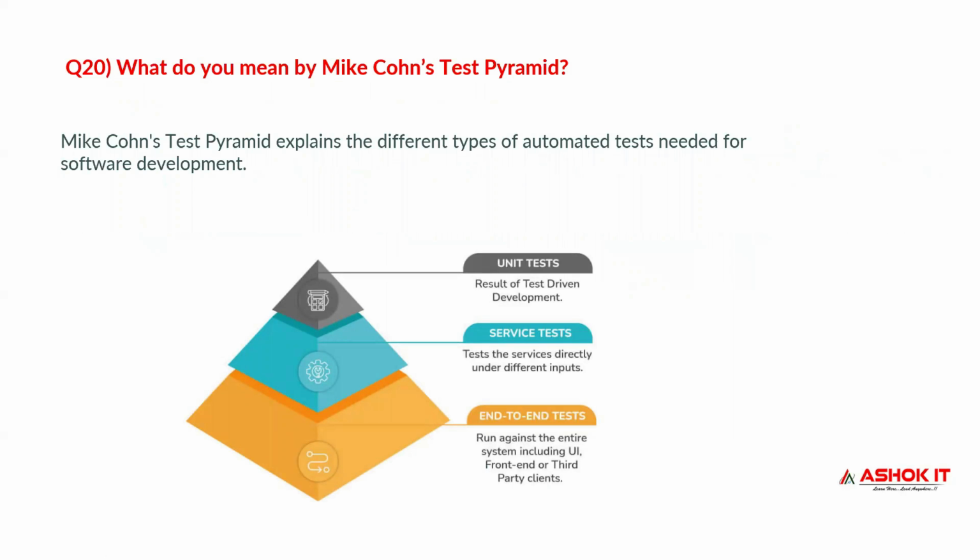What do you mean by the Mike Cohn test pyramid? The test pyramid explains the different types of automated tests needed for software development. It is basically used to maximize the automation at all the levels of testing.